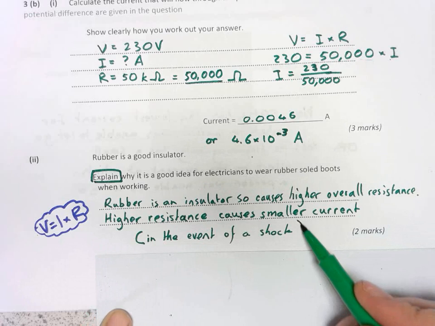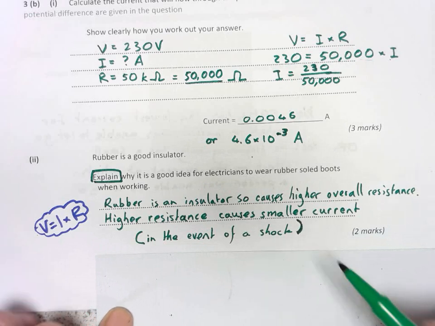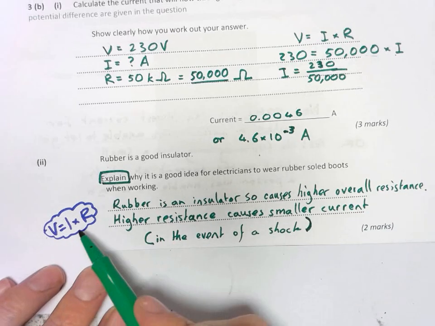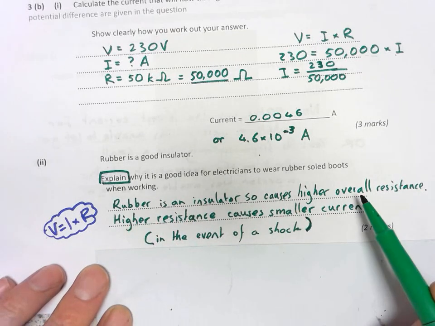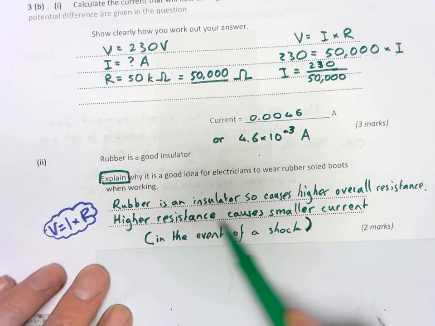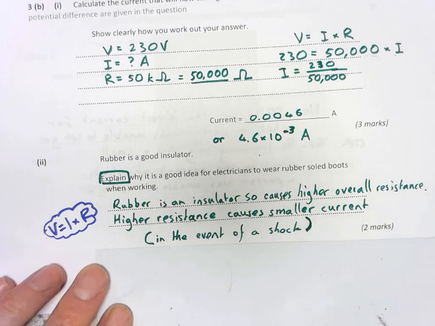And this is all in the event of a shock. So higher resistance, less current. So altogether, rubber has a higher overall resistance, therefore smaller current when the shock happens.